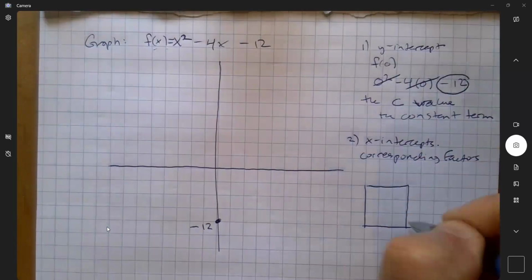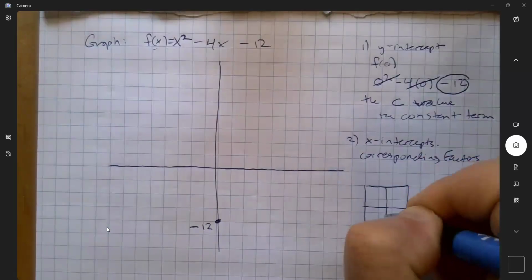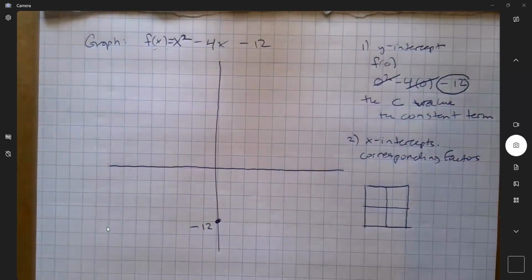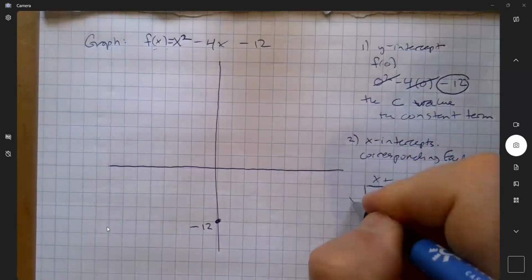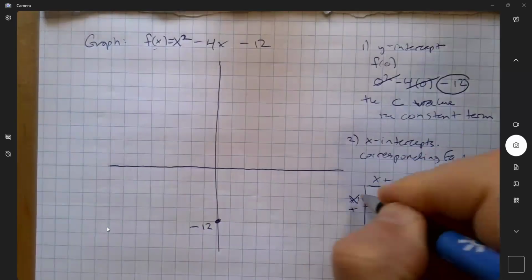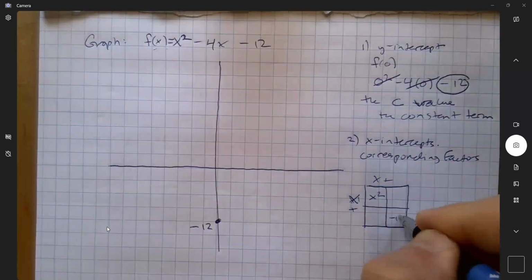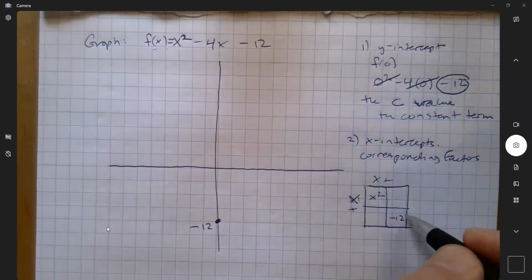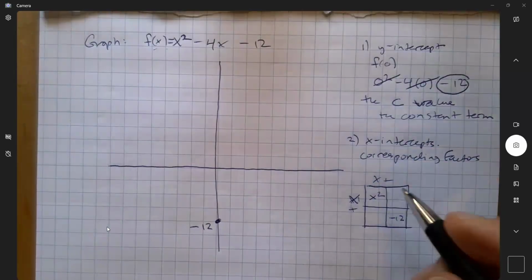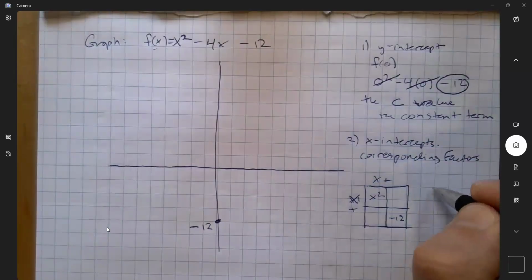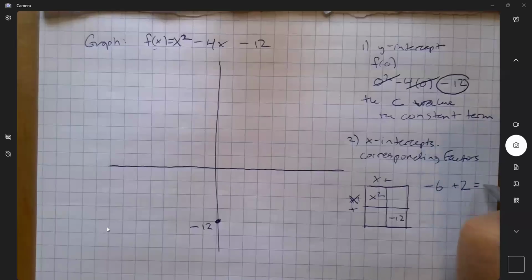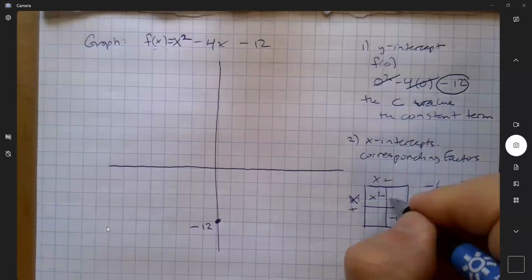Squeeze it in here. x plus, gives me an x squared and a minus 12. So I need two numbers that multiply to be negative 12 and add to negative 4. I'm going to save myself a little time and say negative 6 and 2 multiply to be negative 12 and add to be negative 4.